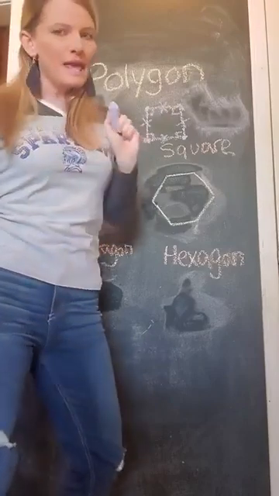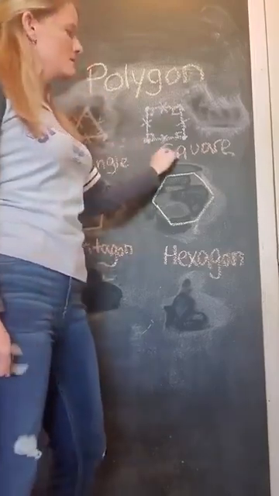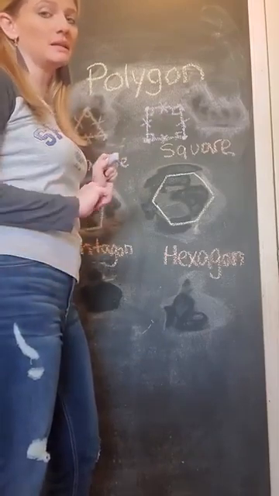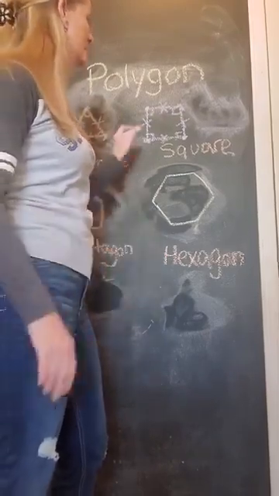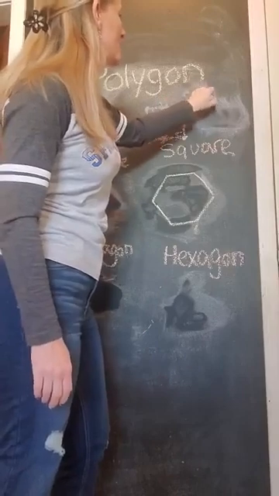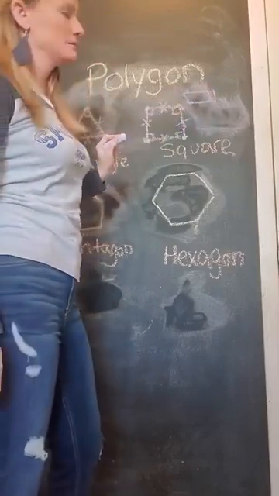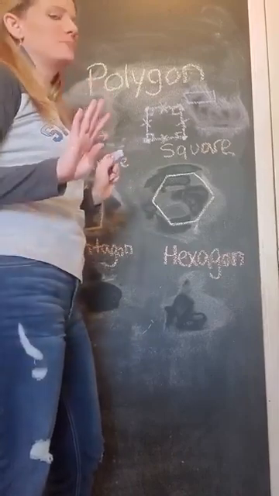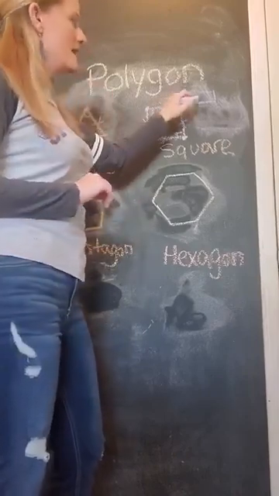Now, something that has 4 sides, there's another word for it, because just because it has 4 sides doesn't mean that it's a square, okay? We might have a long one like this. It's not a square, but it's a rectangle. But there's a name for shapes that have 4 sides.